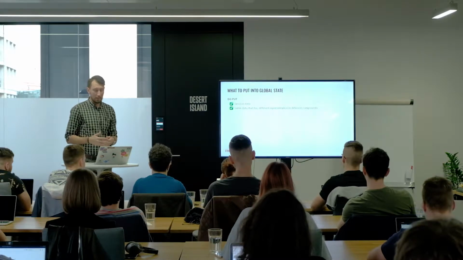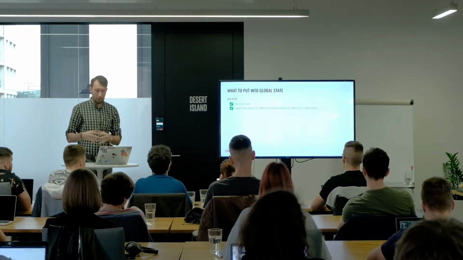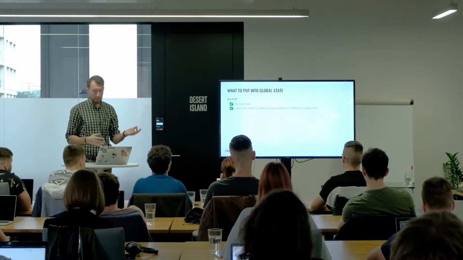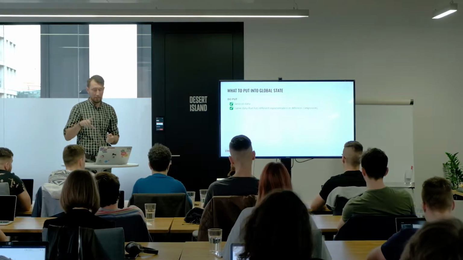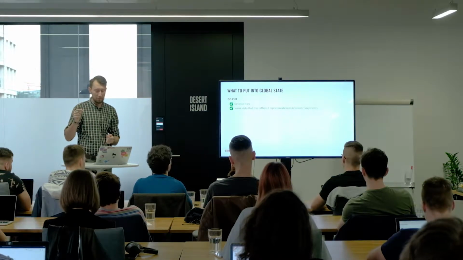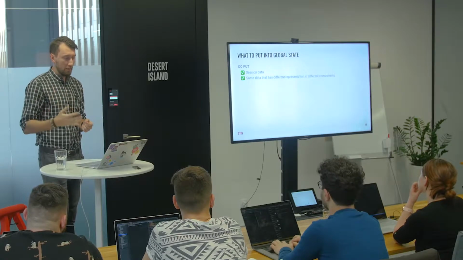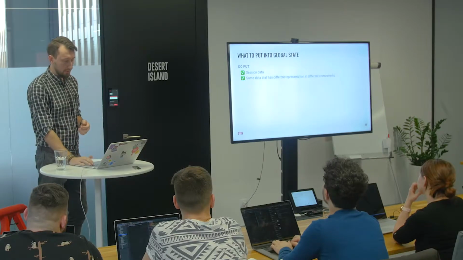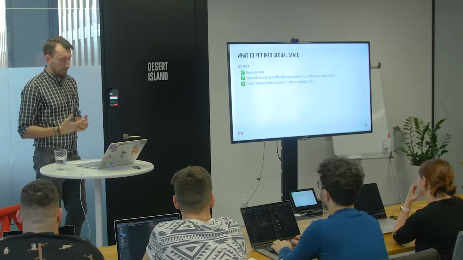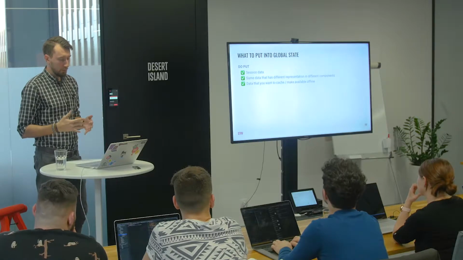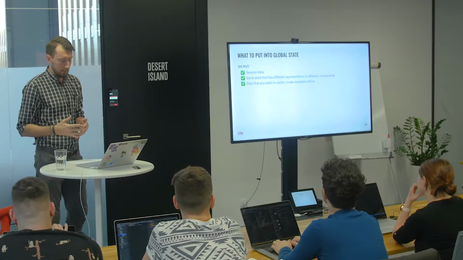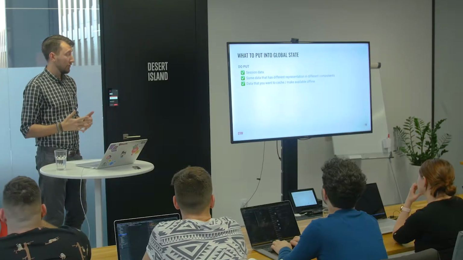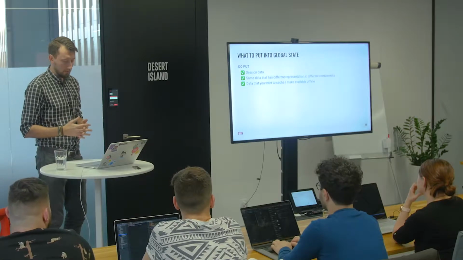If you have the same data that has different representations in different components, like we've seen with the contact list example, where we display either a list of users or the badge with a number of users, but the source of data is the same, then it's also a good candidate to place in global state. Also, for more advanced scenarios, it's the data that you want to cache or make available offline. It's not required that you put it in global state, but by doing so, you can make your life much easier.